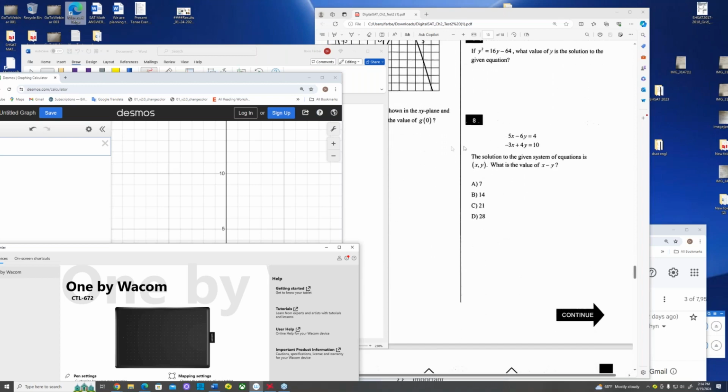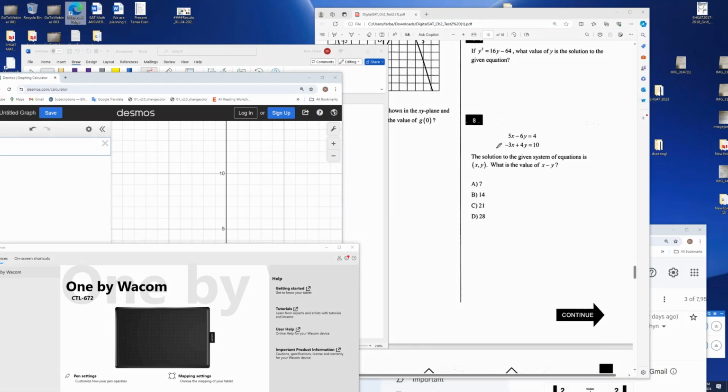Number 8, system of equations. Always look at this problem first. They ask you to find x minus y. If you add them up, 5x minus 3x is 2x. Negative 6y plus 4y minus 2y. 4 plus 10 is 14.